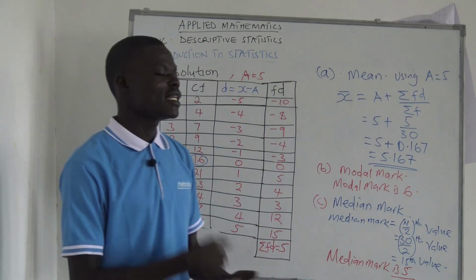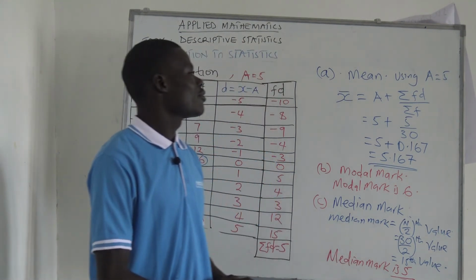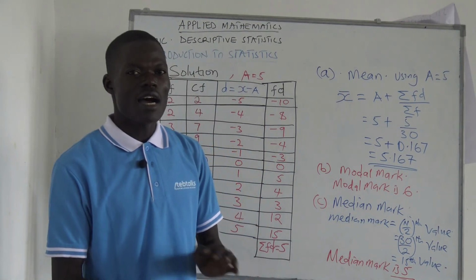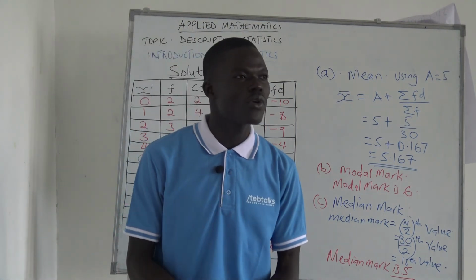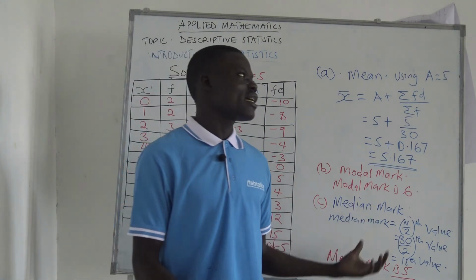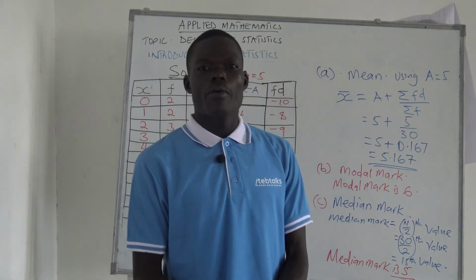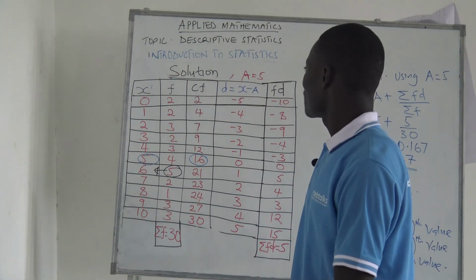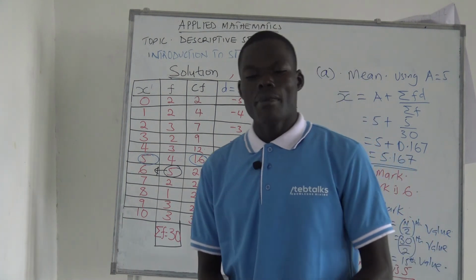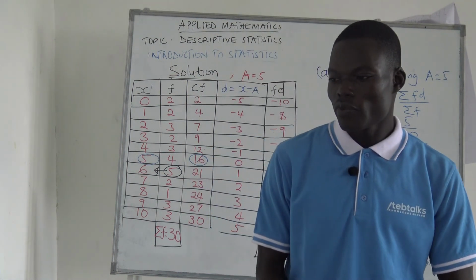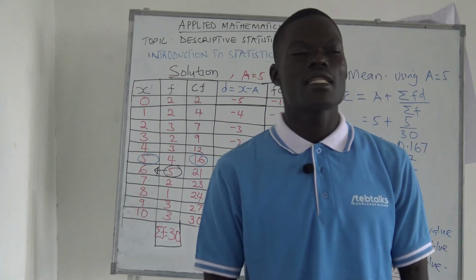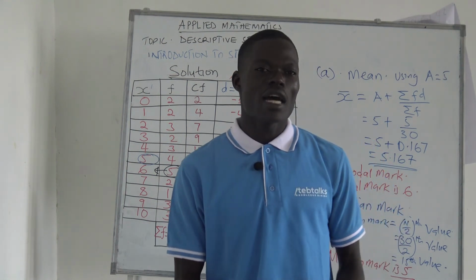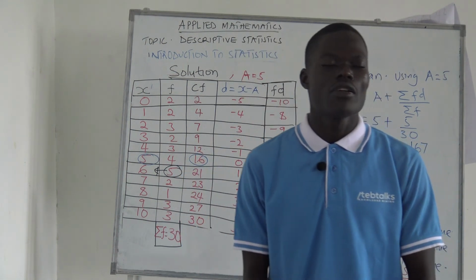So those are the 3 examples of how to calculate the central tendency. Now the work has remained for you to revise and master the content. We shall be looking at different things next week. We shall look at measurements of dispersion, that is variance, standard deviation, and others.